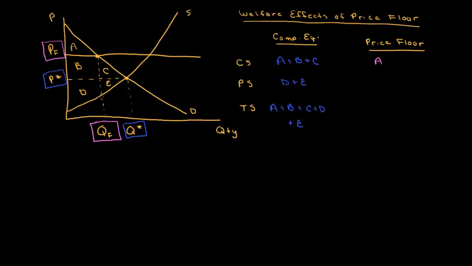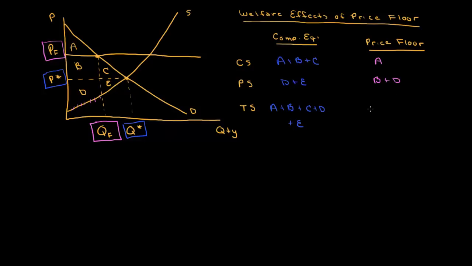We're going to look at a best case scenario and assume that the producers who actually provide the product are the ones with the lowest marginal cost of production. So they're each going to receive PF. The supply curve here represents the minimum price they were willing to accept. And so producer surplus with the price floor is going to be areas B and D.